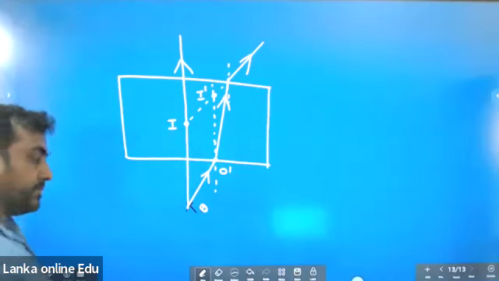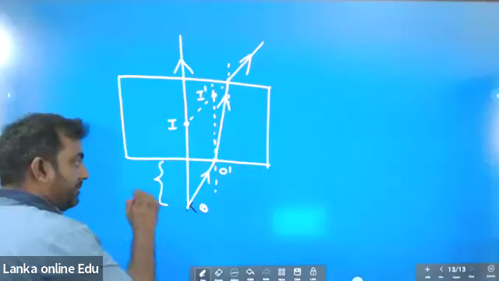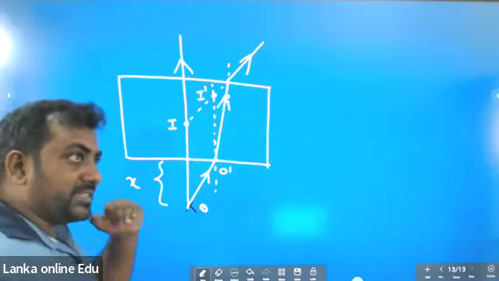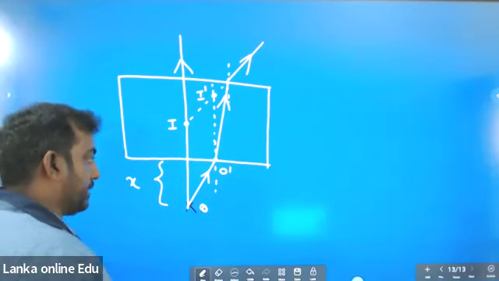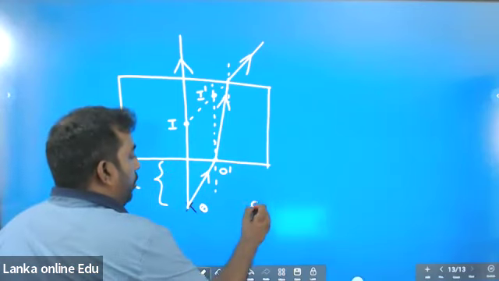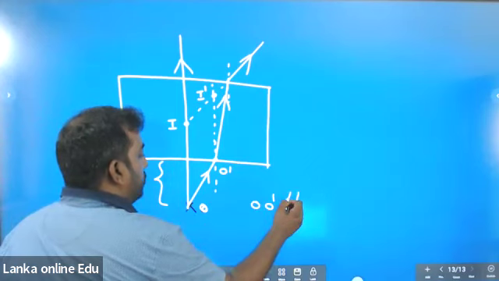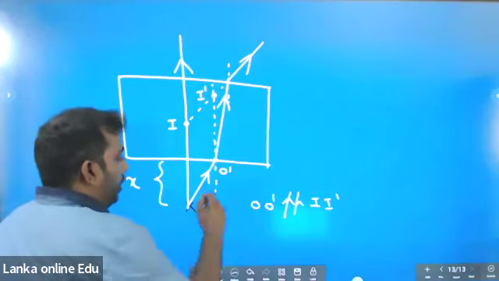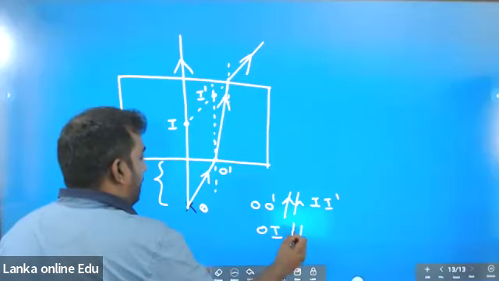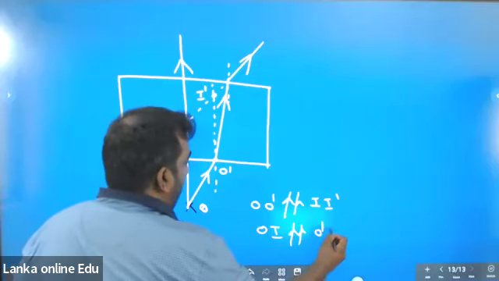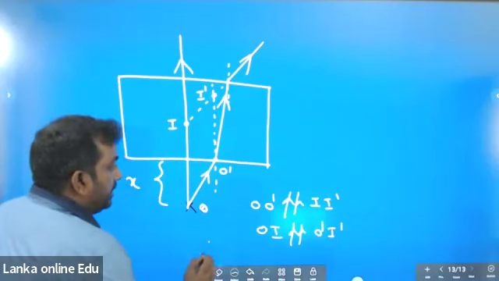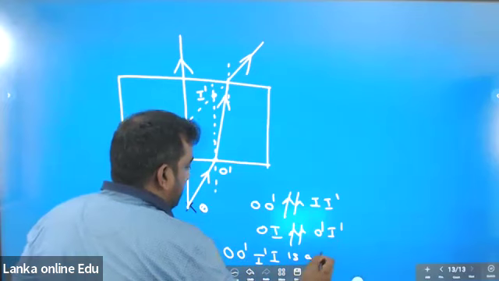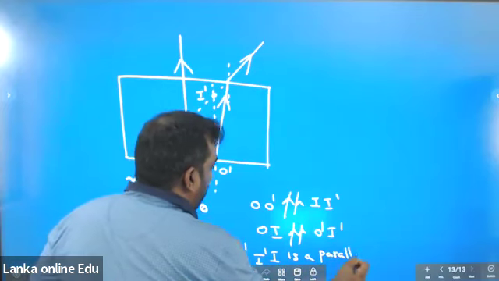Look at this carefully. Even if you keep the object this x distance below, the apparent shift does not depend on this distance. I'll show it to you. O dash O is parallel to I dash I. Also OI is parallel to O dash I dash. So O dash I dash IO is a parallelogram.